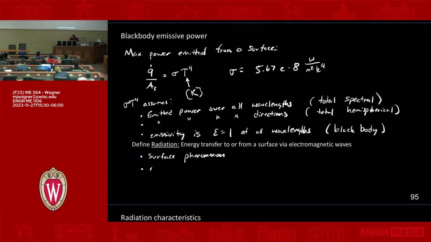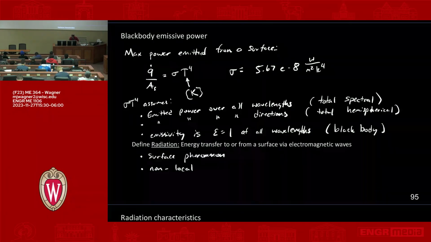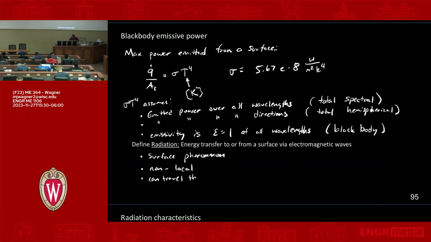It is non-local, meaning radiation over there can affect me over here without being in contact. Another way of saying that is it can travel through vacuum, V-A-C-U-U-M, just in case you're wondering. Vacuum or transparent media. Okay? So you don't need something in between to be a medium for heat transfer.